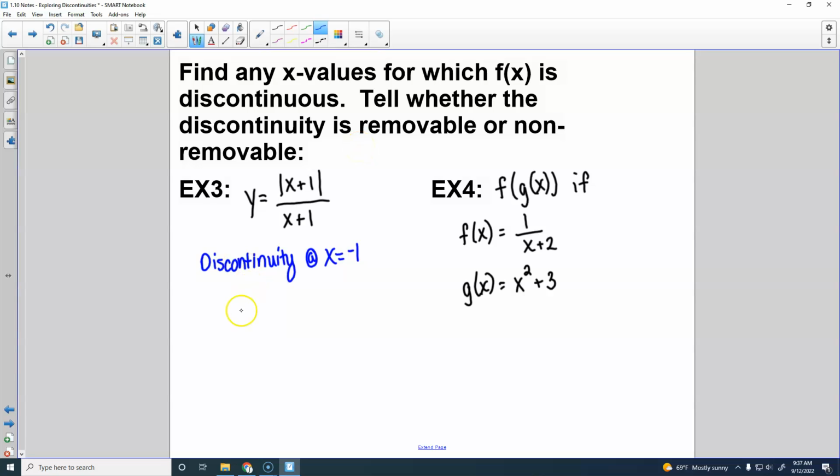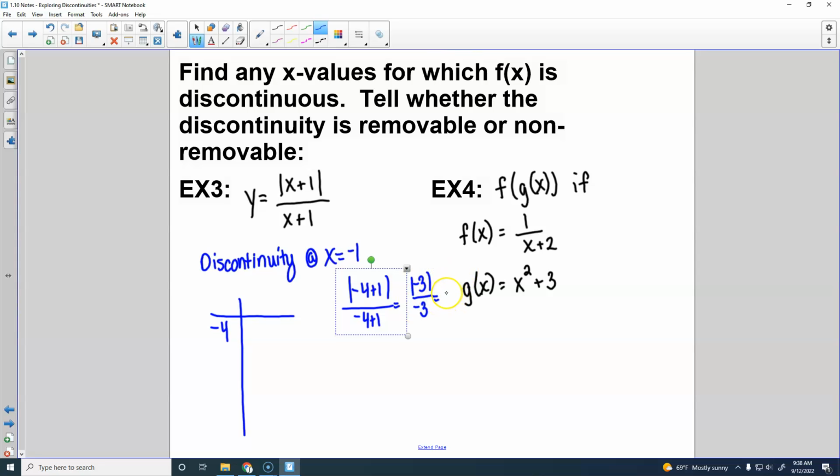If you think about what's happening here, let's think about plugging in some numbers from the left and the right. -1 is the number we know is going to give us a 0 in the denominator. So if I pick some numbers lower than -1, like -4, then absolute value of -4 plus 1 over -4 plus 1 would give me absolute value of -3 over -3.